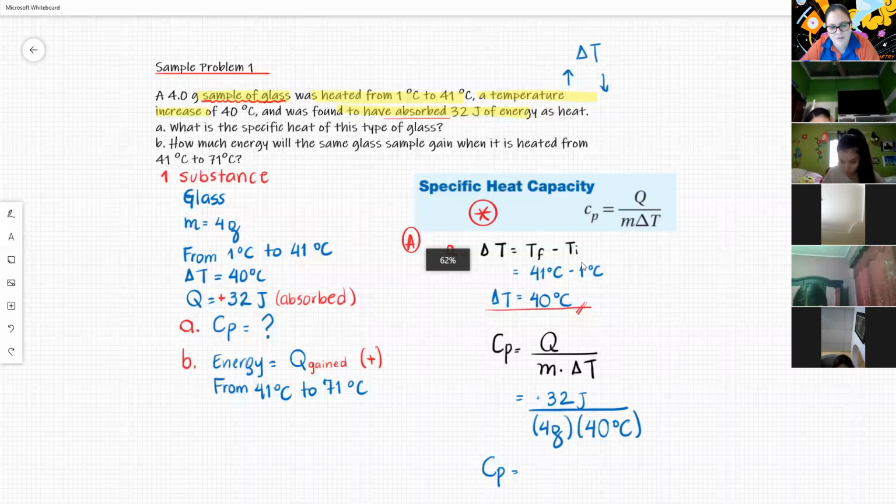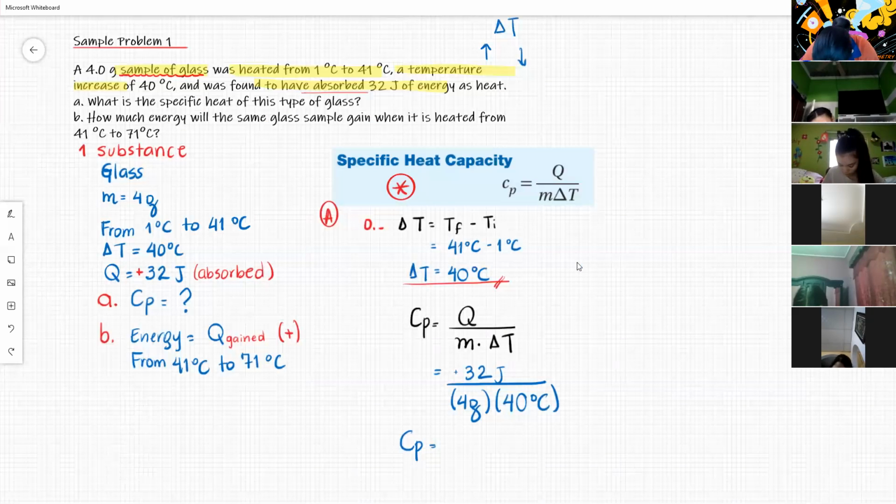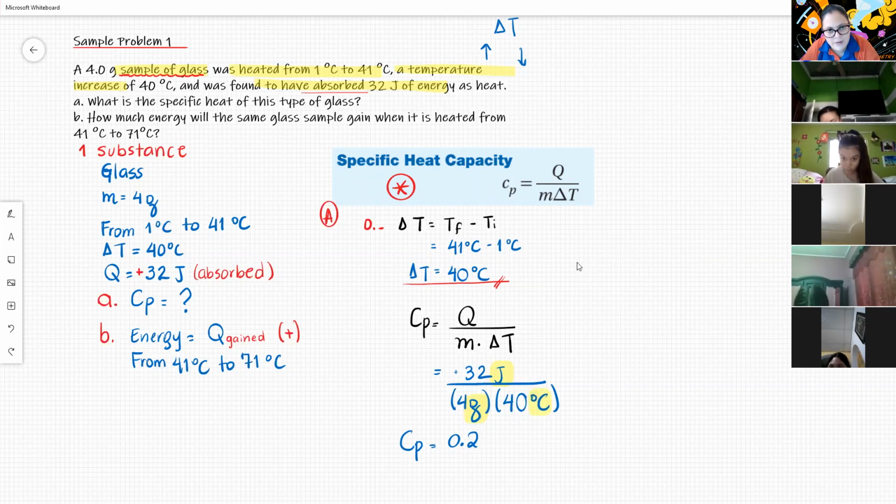Okay, this gives you 0.2. Now, what units are we going to write? Take a look. We have joules in the top, and we have grams and Celsius in the bottom. That means that Cp, or specific heat capacity, will be in joules over grams Celsius.